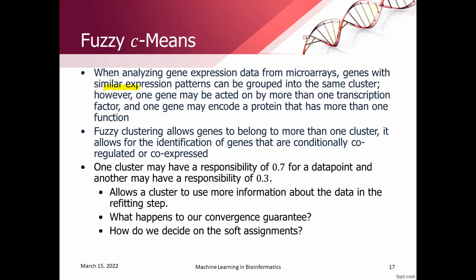We still consider that we have some representatives, like centroids for k-means, but for each observation we will not have just a one-hot encoding vector with value 1 at the index of the cluster to which it belongs. Instead we have a vector which sums to 1 and can have an arbitrary number of non-negative values.